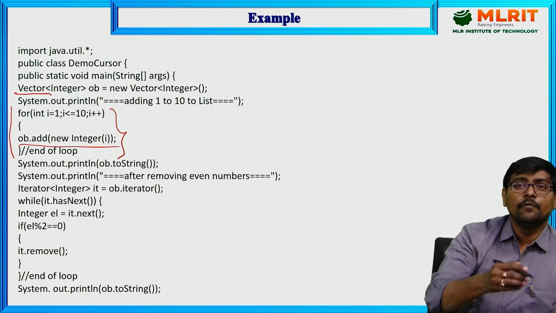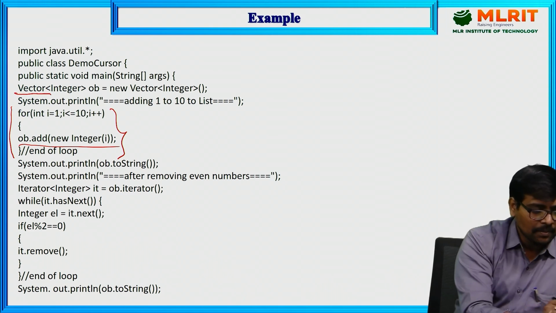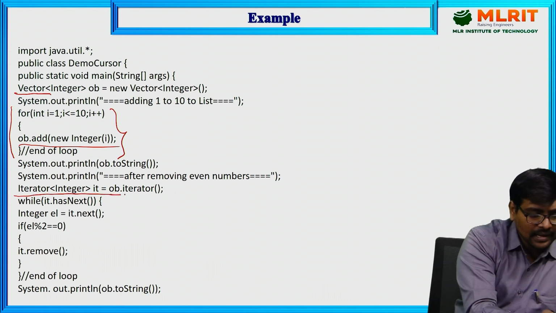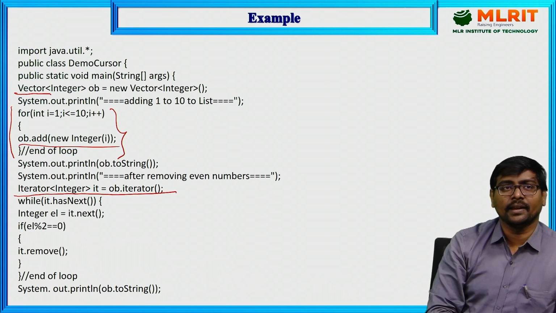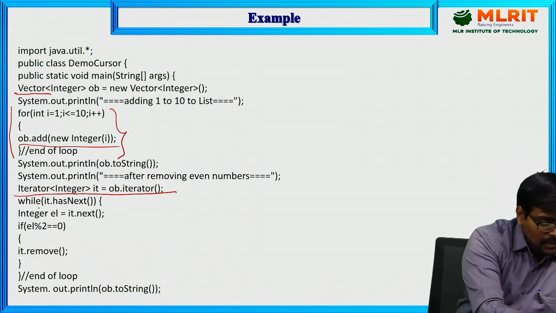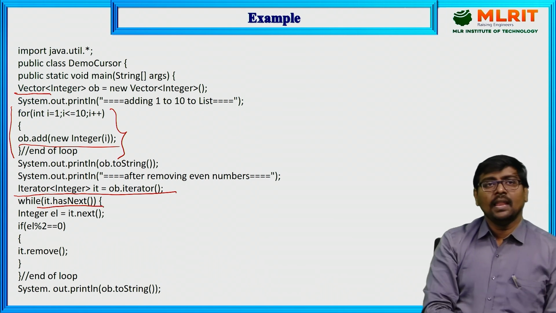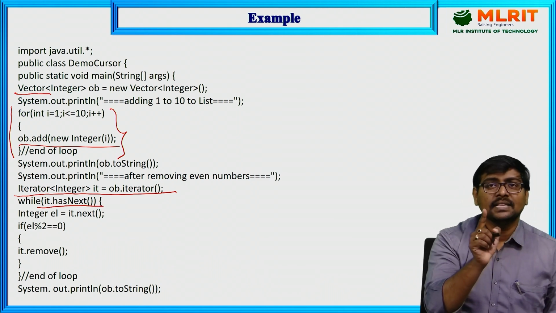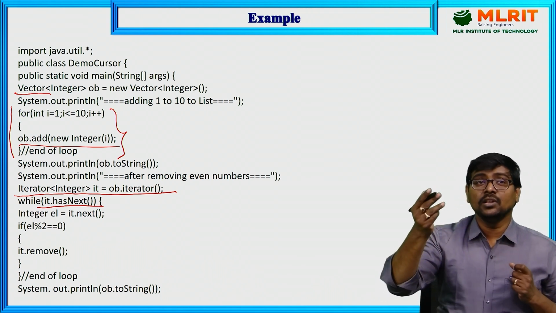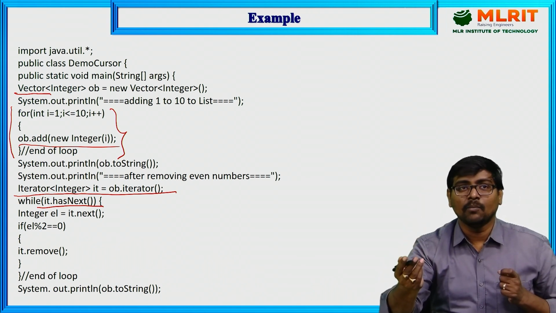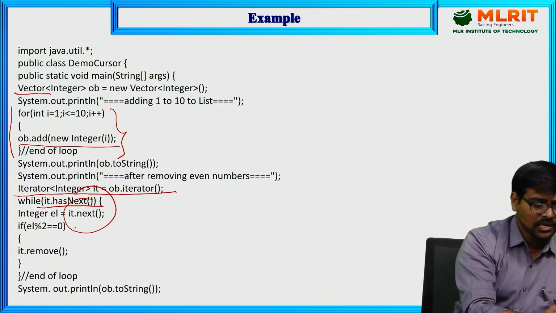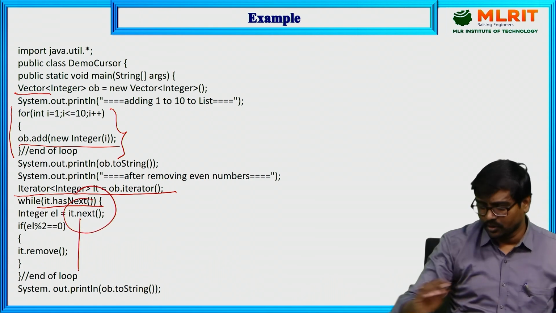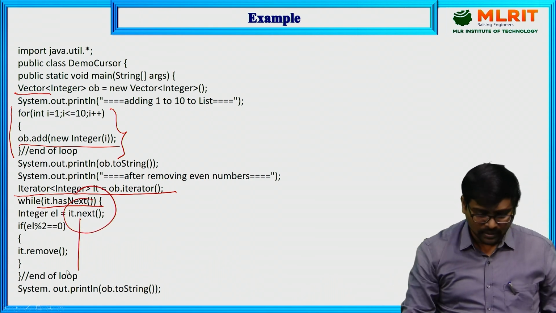Now, if you want to get the elements, create an Iterator object. Like this, I am creating the Iterator object. Now, while the Iterator IT hasNext, that is, while any next element is available, retrieve the elements. Based on this, whatever operation you want, you can do. Now, I will show it with one example.